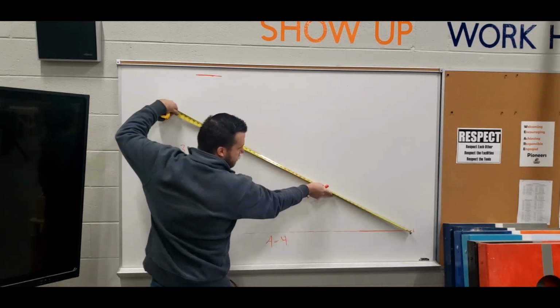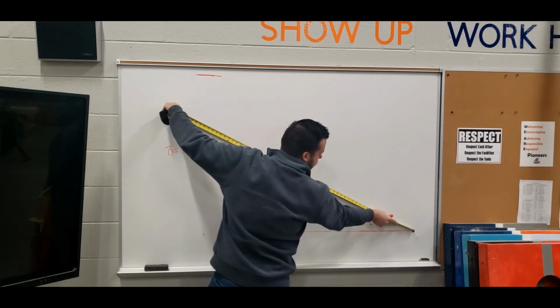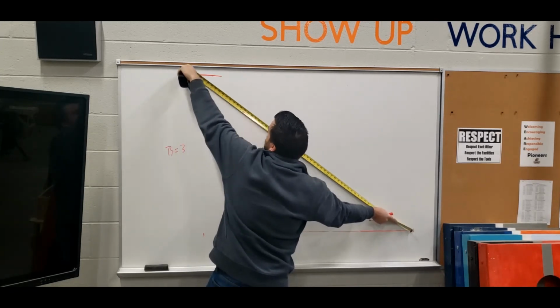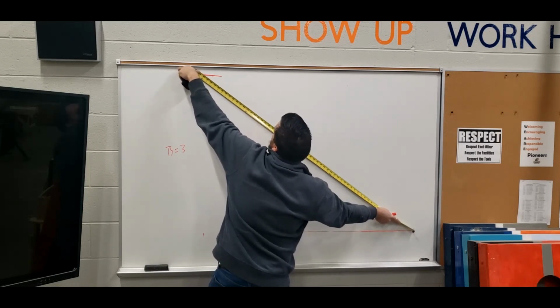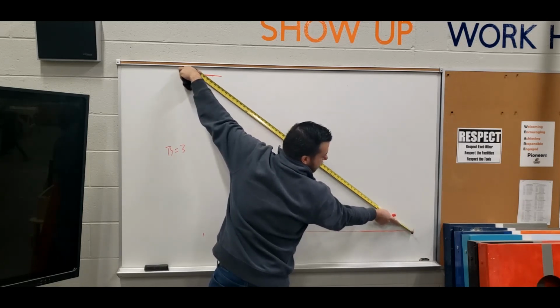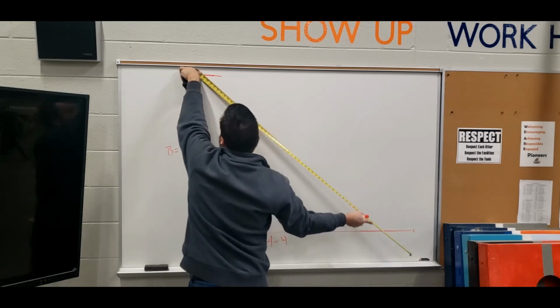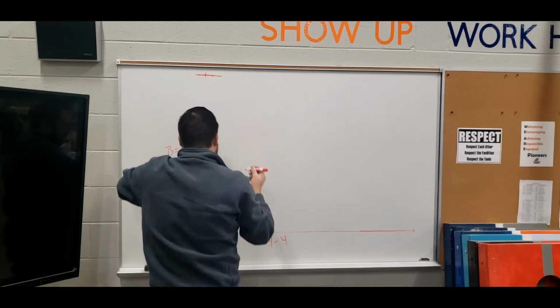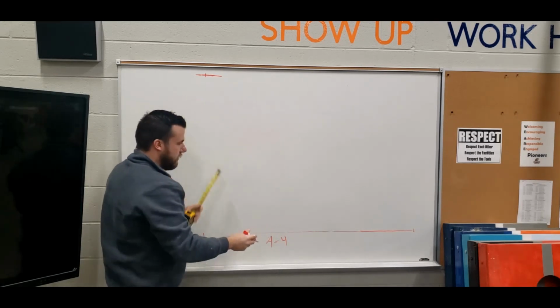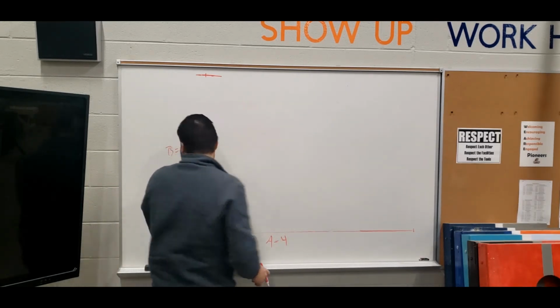So what you'll do, you put your end of your tape right on that corner, and then you'll pivot it up, and wherever 5 foot intersects this line, now you have a 90-degree corner.